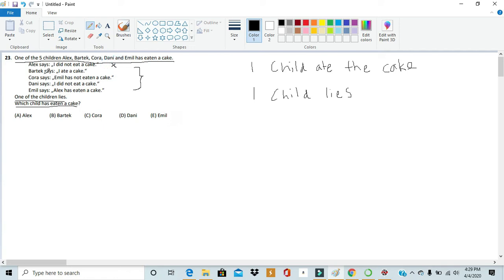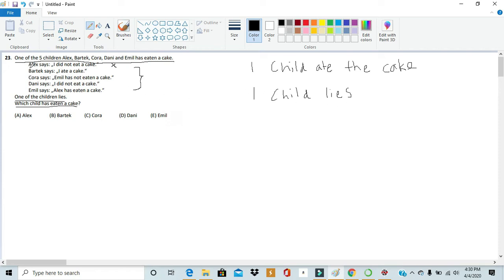Next, Bartek. Bartek says that he ate the cake. However, if we take him as the liar, that means Bartek did not eat the cake. Going down the list, that means that Emil and Alex are both saying the truth, because Bartek's our designated liar. He's the only one who can lie.